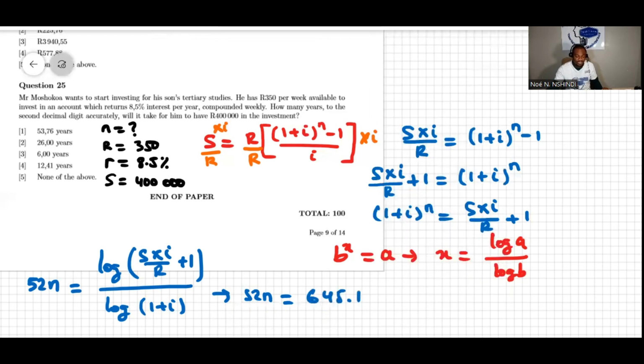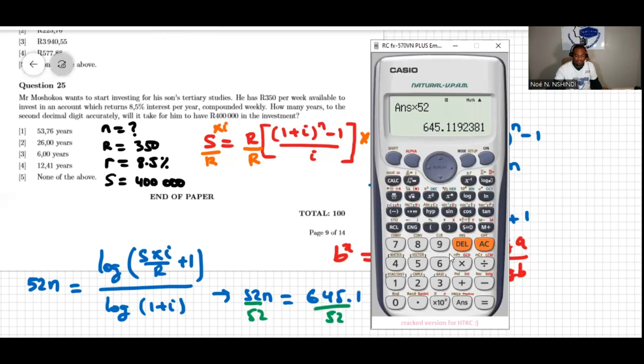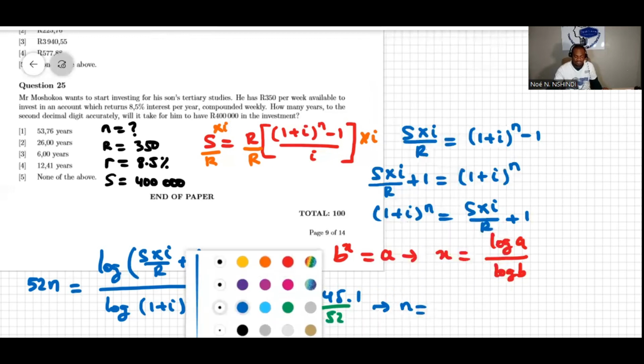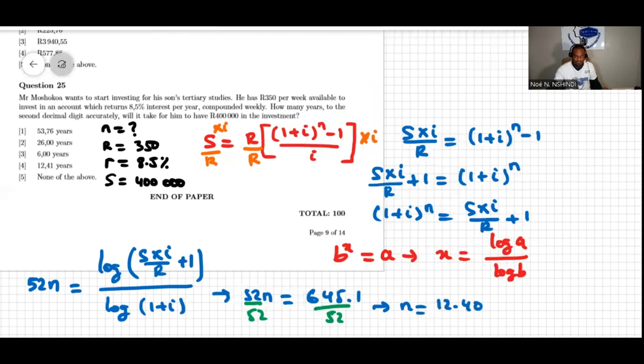Now to get n, we divide by 52 on both sides, and then n will be equal to 645.1 divided by 52, which is 12.406. So it's going to be 12.406, which is approximately 12.41, which is alternative 4. Thank you.